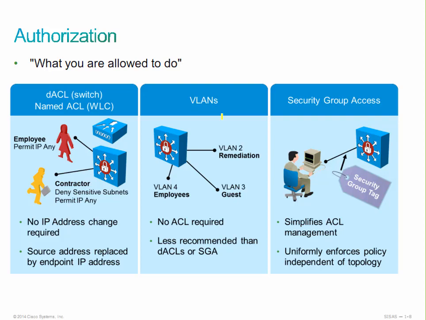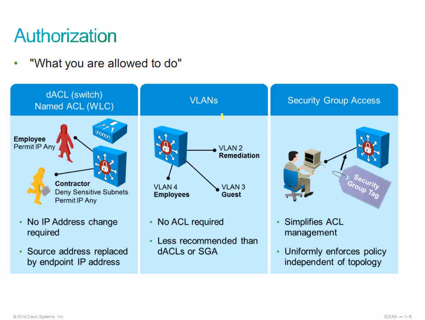But now with this additional policy enforcement platform, Identity Services Engine, we can dynamically create this authorization process instead of statically providing it. ACLs, which we typically would use to secure access, are essentially stateless packet filters, where we're filtering based on IP address, port number, protocol, application, and so on.